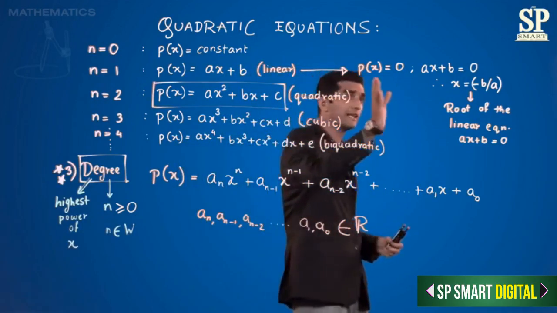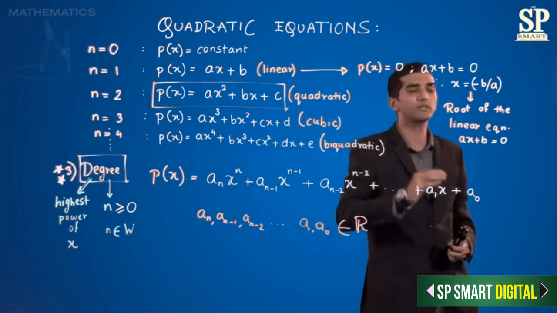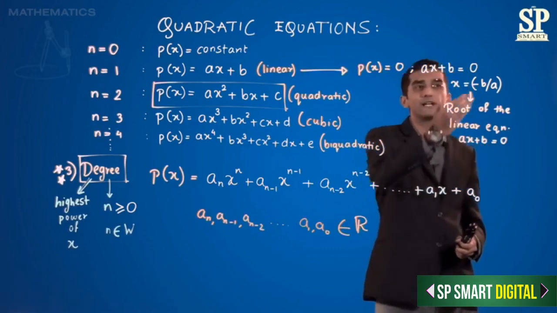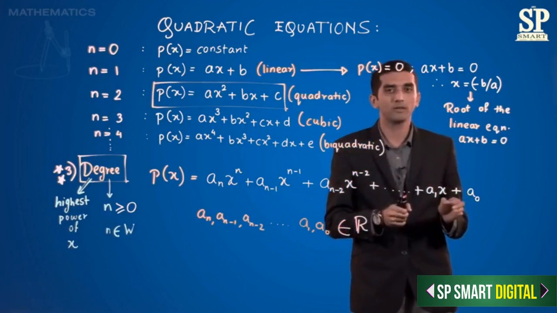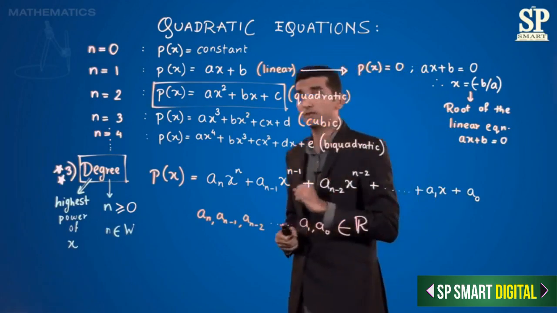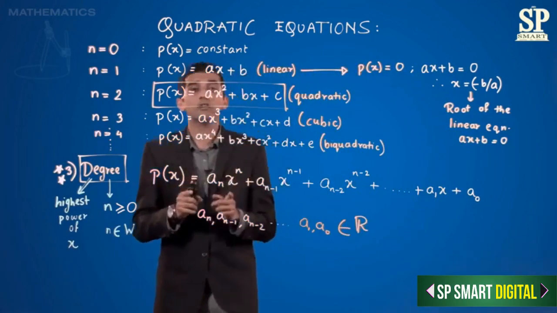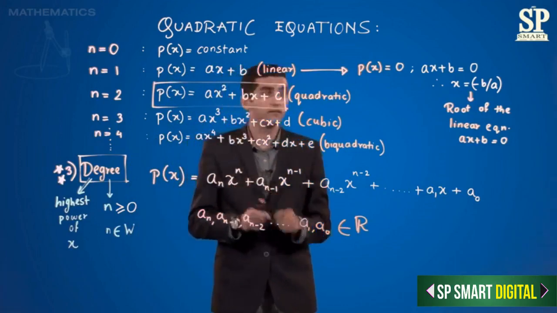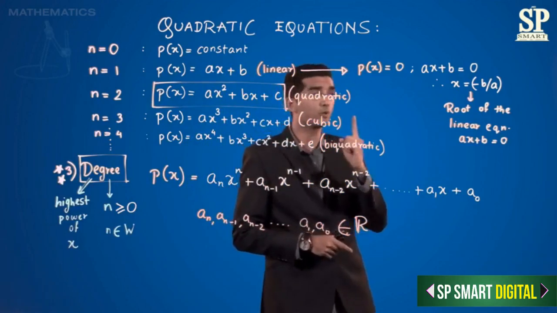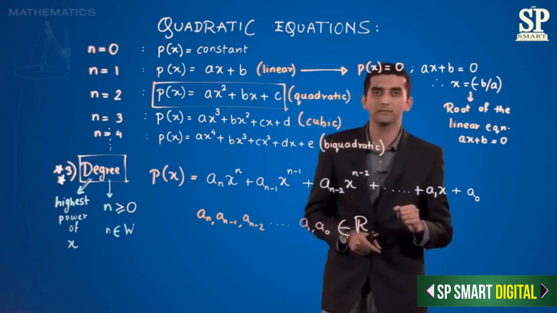So it looks like this, a linear equation now, for which we can find out a root, which is x equal to minus b upon a. And the second thing that we learned here is, for the polynomial equation of degree 1, we have one root, which is x equal to minus b upon a.